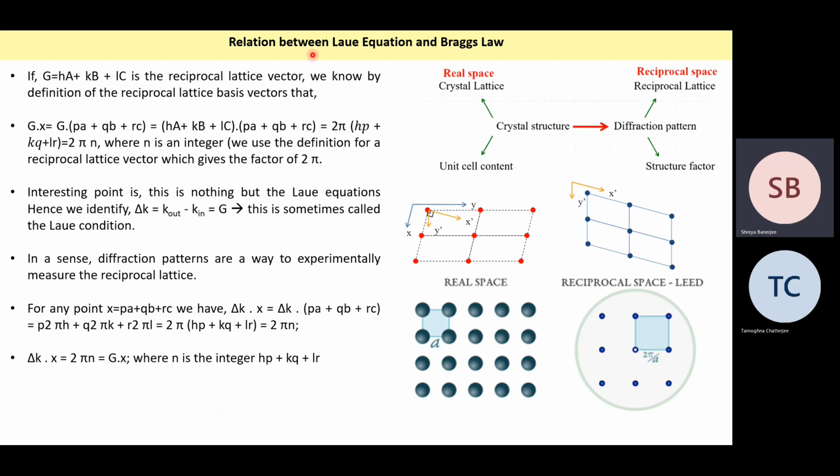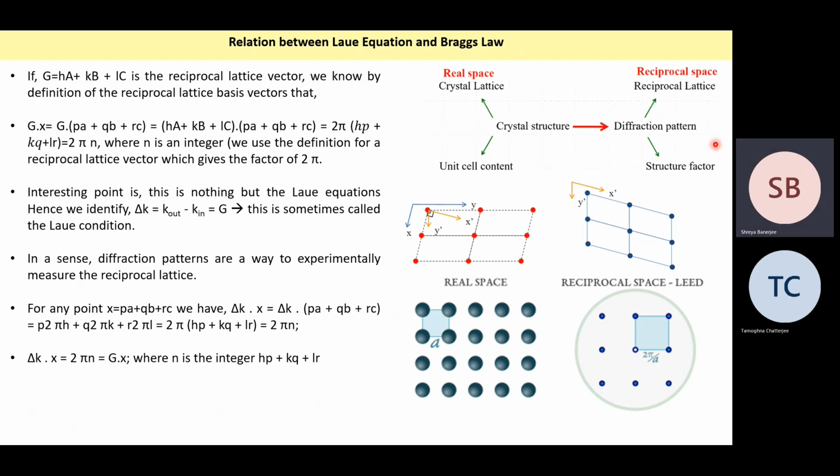So how are the Laue equation and Bragg's law related? You had learned in the previous class that real space is the space that the crystal lattice occupies. And from this crystal lattice, you have a crystal structure and a unit cell. Now, if you pass an X-ray through the crystal lattice, you will get a diffraction pattern.